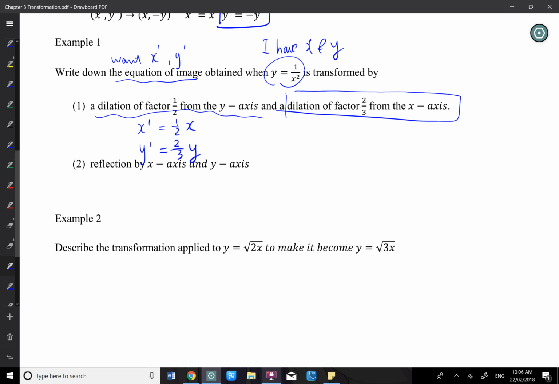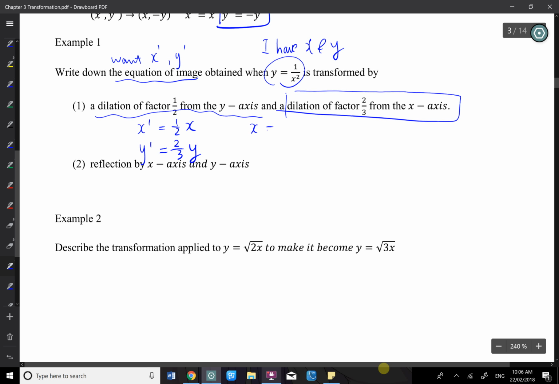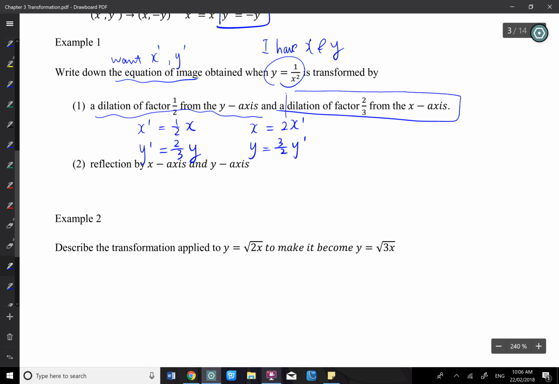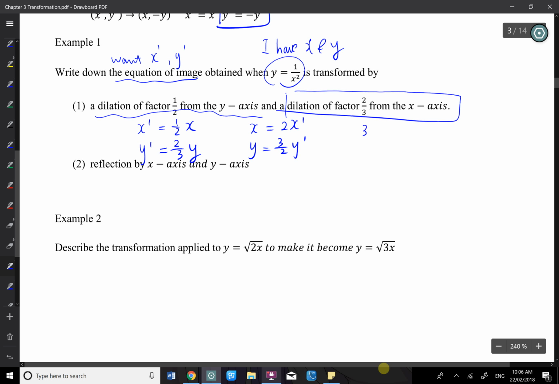Same question. I will make x and y the subject. I have x equals 2x dash and y equals 3 over 2 y dash. And then do substitution. I will substitute y by 3 over 2 y dash. I will substitute x by 2x dash, squared.